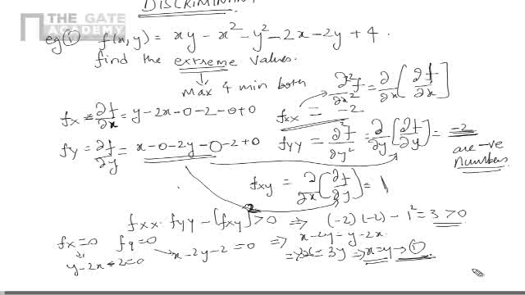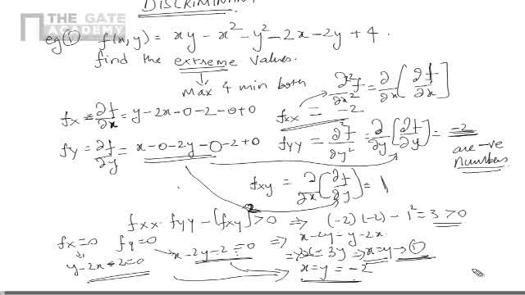Now we have to find the value of x or y, because here this is also equal to 0, this is also equal to 0. By the simultaneous linear equation method we find that, on simplifying, x is equal to y is equal to minus 2. I am taking these two equations and solving them by the simultaneous linear equation method.